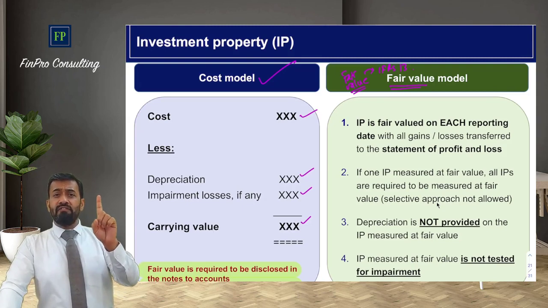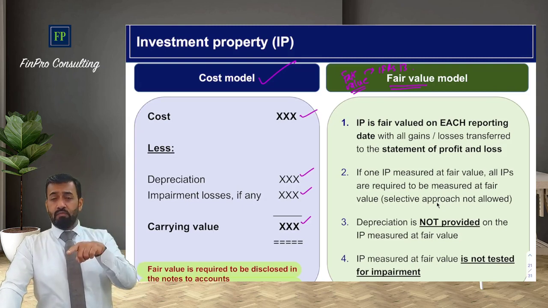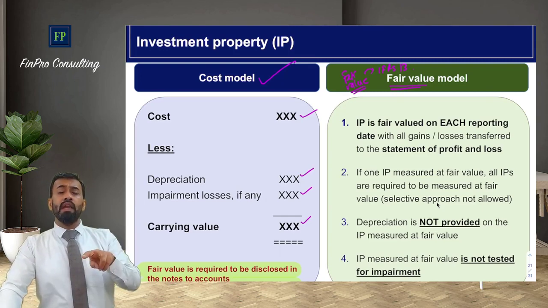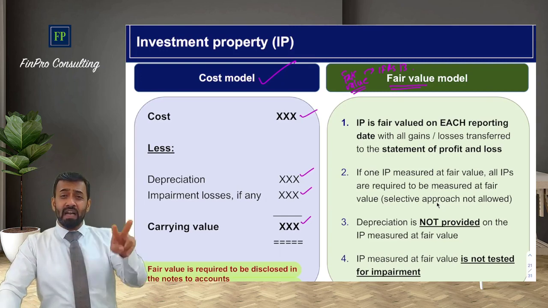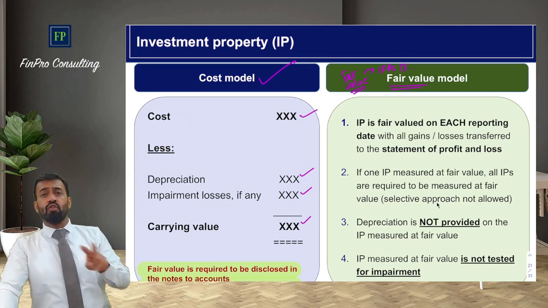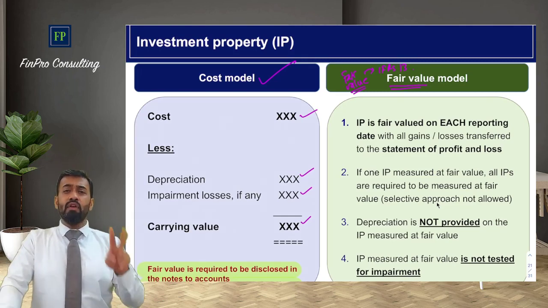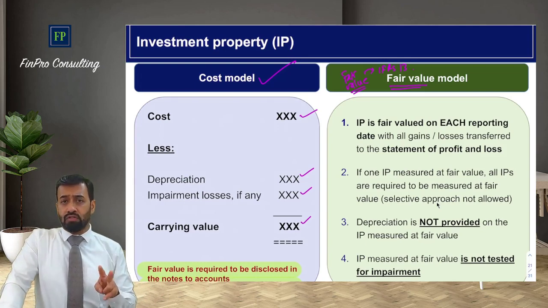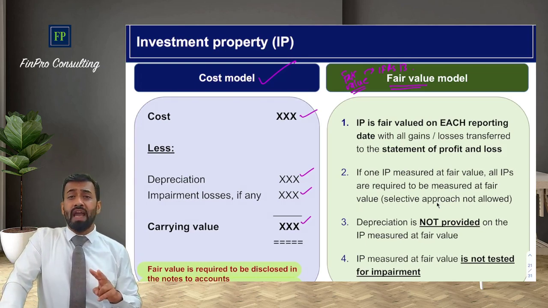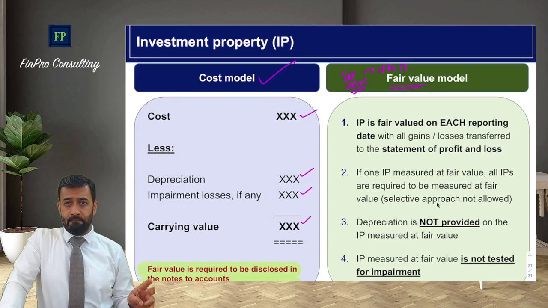All differences between the previous year's fair value and this year's fair value, gain or loss, will be debited or credited entirely to P&L. No exception, no general rule, nothing like that. All gains and losses mandatorily will be accounted in the profit and loss account, not in OCI. Nothing will go to OCI.